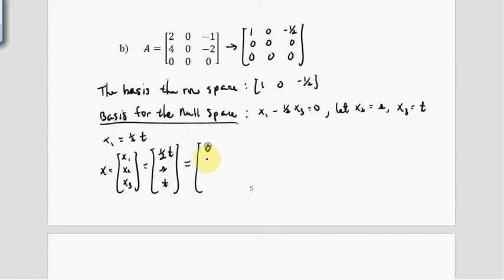So here I have 0, 1, 0 times s. Associate the like terms, the s's together, the t's together. Here 1/2, 0, and 1 times t. So you see that the basis would be 0, 1, 0 and 1/2, 0, 1. This is the basis for the null space.